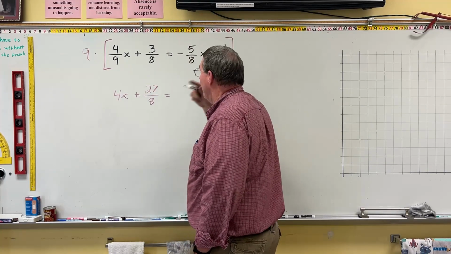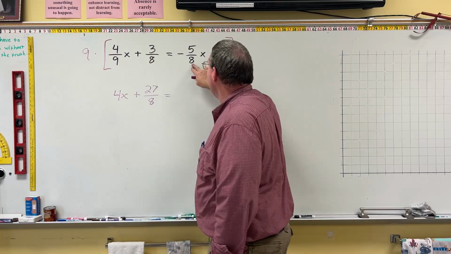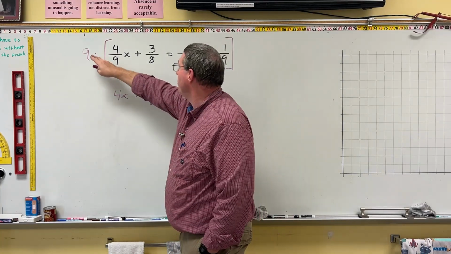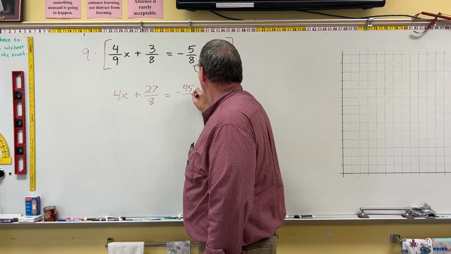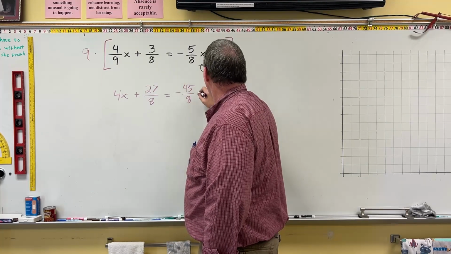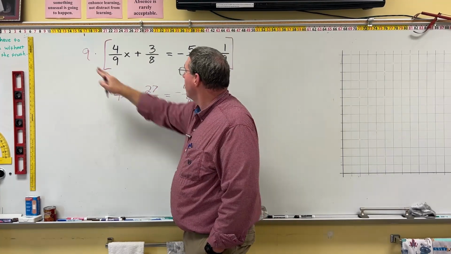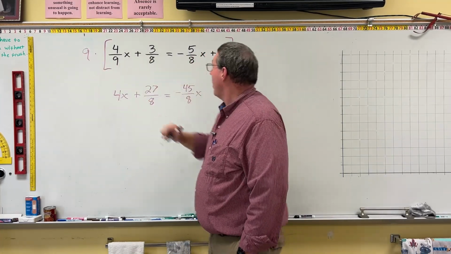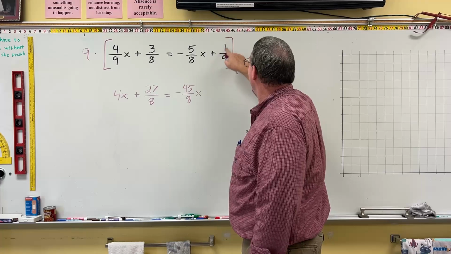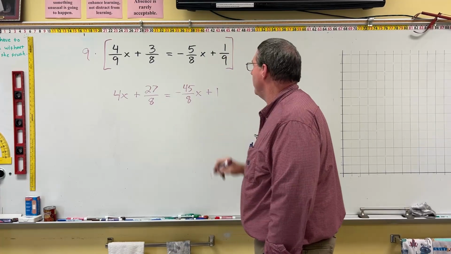Equals, again, 9 and 8, not the same number, so we have to do 9 times -5, which is -45 over 8 with the x. And then here, 9 times 1/9, the denominator and the 9 are the same, so they go away and all we have left is this 1, so plus 1, okay?